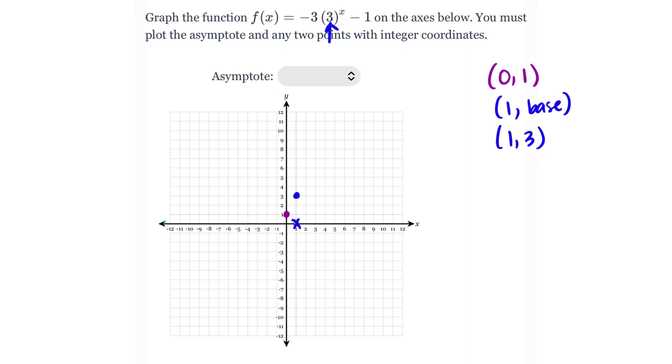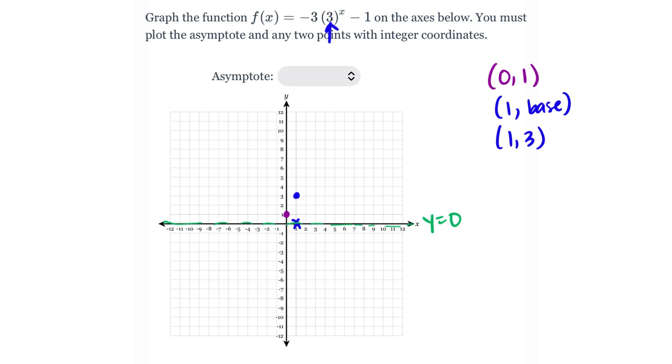And then we also know that the asymptote starts at y equals 0. So that's where you're always going to start your exponential functions. You're going to start with a point on 0, 1, a point on 1 comma whatever the base of the exponent is, and then your asymptote at y equals 0.